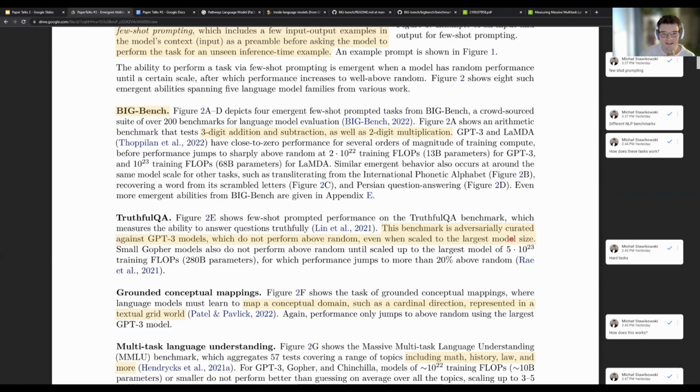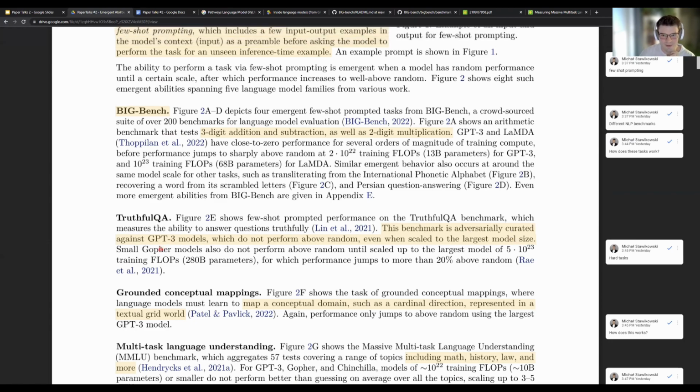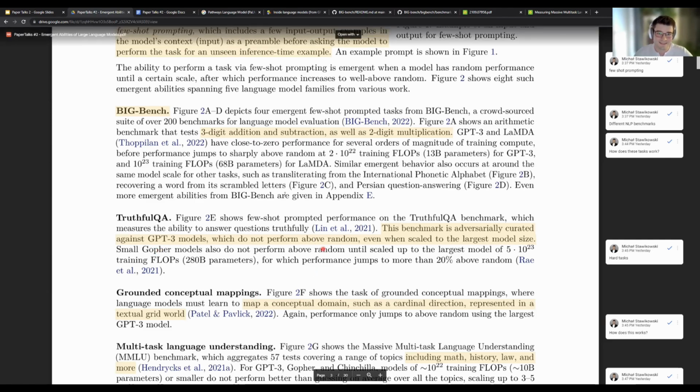Actually, these bigger models are learning to lie like humans. So it's interesting that actually there is a benchmark that is checking how truthful these models are, because the bigger the model is, actually the more lies it can tell.